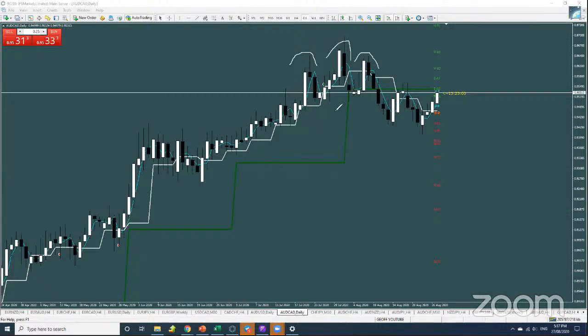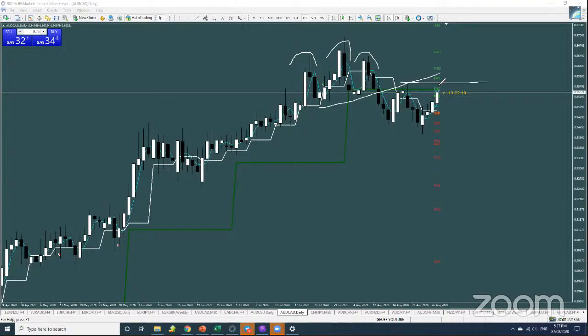Not only that, we've got a neckline through here that has been broken and retested. The current candle, and a bounce off the monthly pivot, I might add. The current candle is looking to retest the monthly pivot, sure, but I'd really like to see it come back here and retest that level. And it's there that I would be looking for a big move.